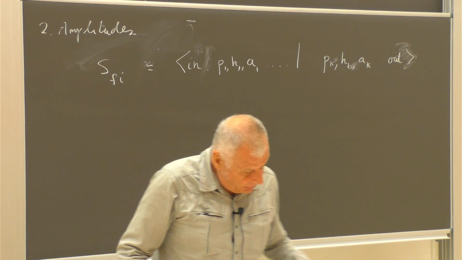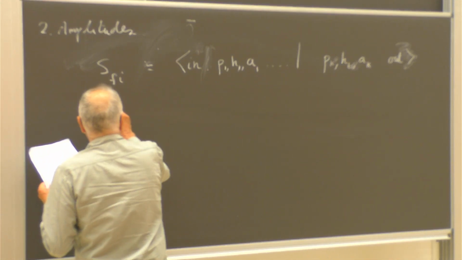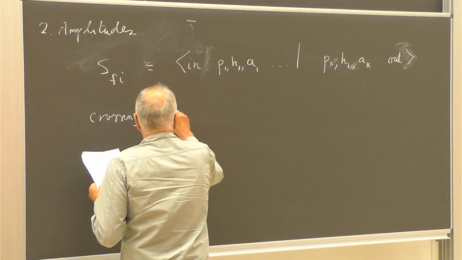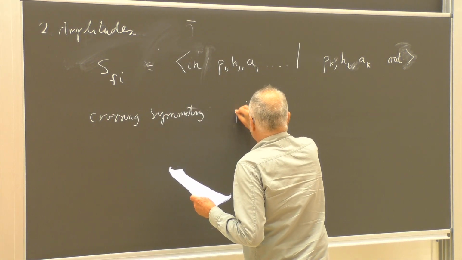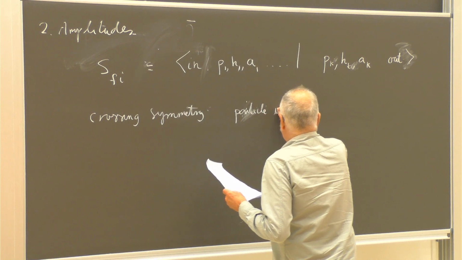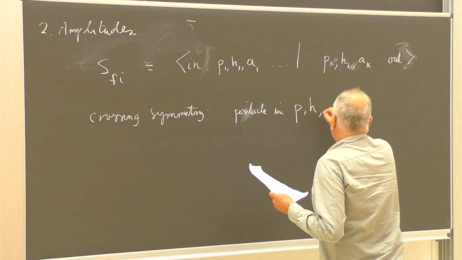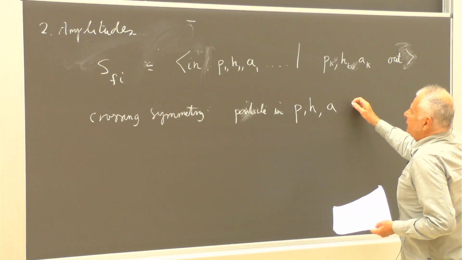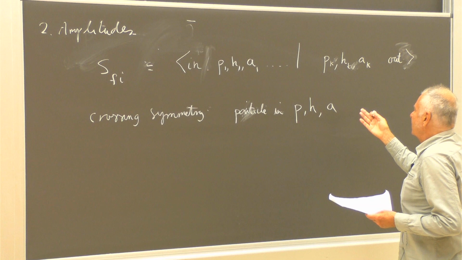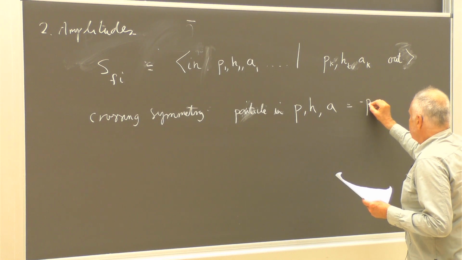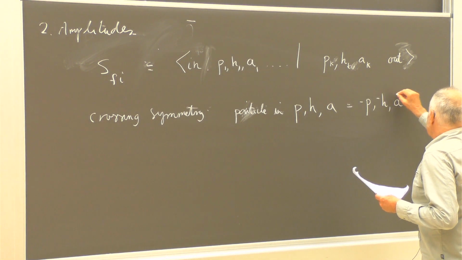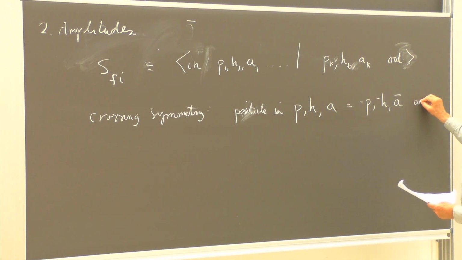So in general, crossing symmetry tells you that an incoming particle with momentum p, some helicity and some charge a, gives a scattering amplitude which is the same as the scattering amplitude for an antiparticle with momentum minus p, minus helicity, and of course, since it's an antiparticle, opposite charge. Okay? All right.